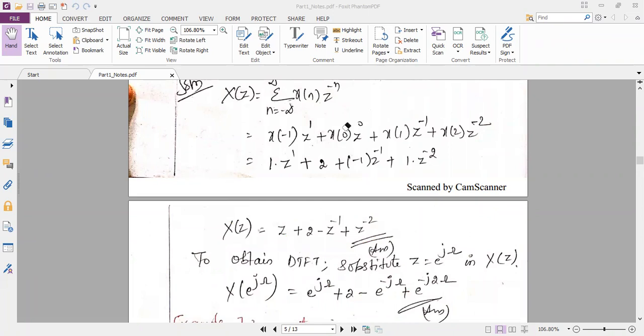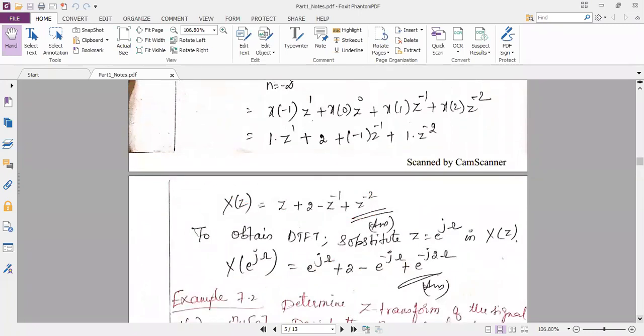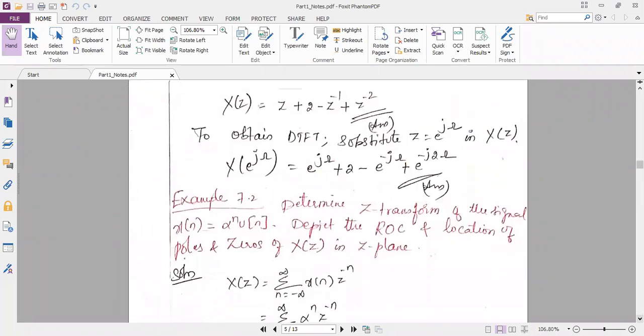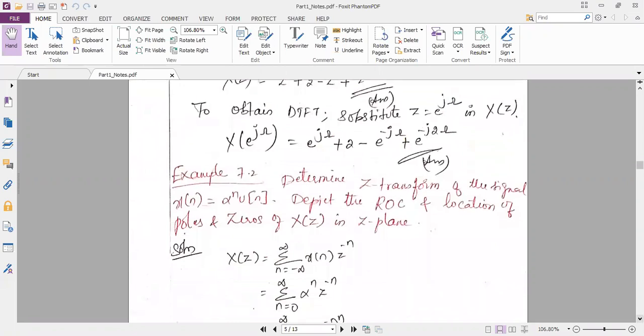So this is the relation between Z transform and DTFT. Both are for discrete time signals and both are converting the input from time domain into frequency domain. There is a small difference between the two. The difference is that DTFT is applicable only for a certain group of signals because it will not converge, whereas the Z transform can be applied to any type of signal because it will converge.